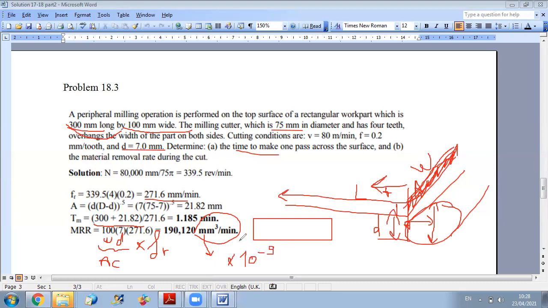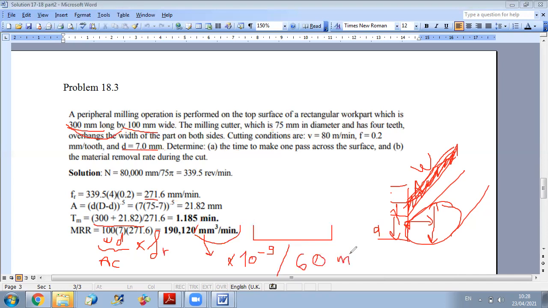And to convert from per minute to per second, you should divide by 60. In this way, you can convert to meter cube per second. Okay.